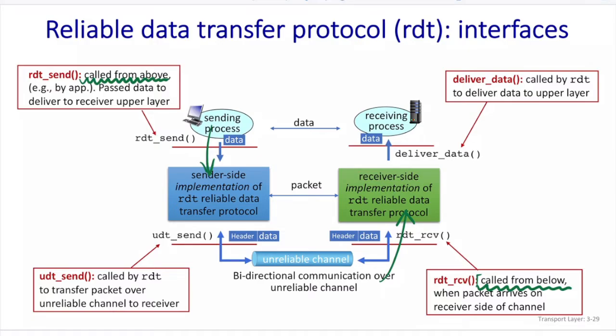Again, you have to remember that there are some different functions that will be called. For example, right here, if all the messages are okay, you call the deliver data function to deliver the message to the receiving process.